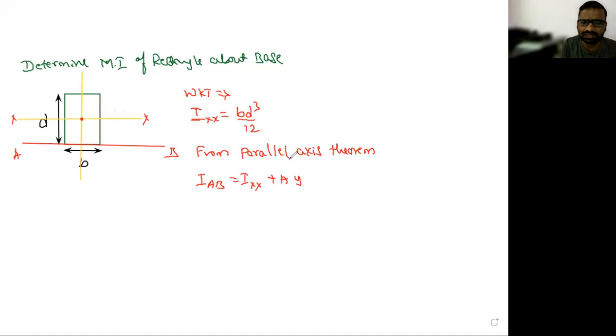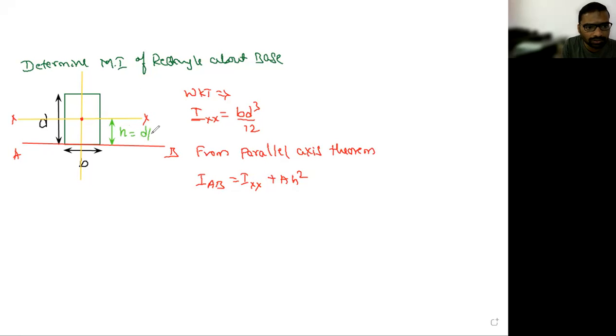H. You can take H or Y. Okay, H I have taken, H square. H is nothing but, here in this figure, the distance between these two axes, centroidal axis and parallel axis. Okay, this is H, correct, everyone? Can you tell me from the figure how much is the value of H?